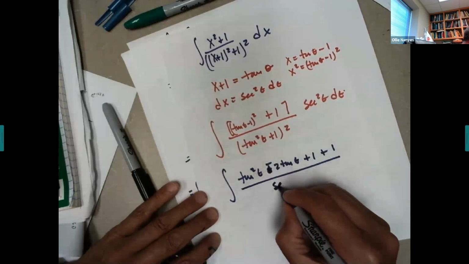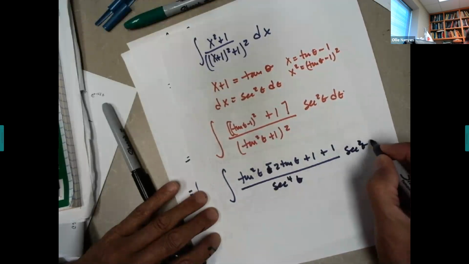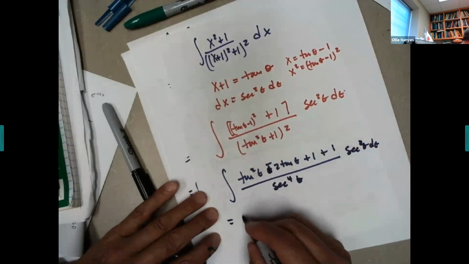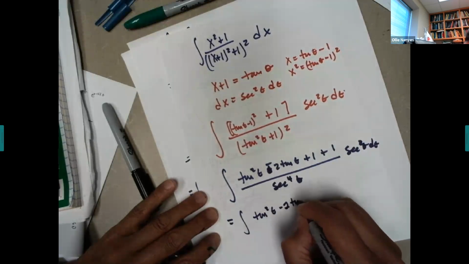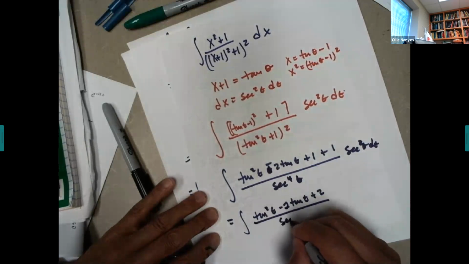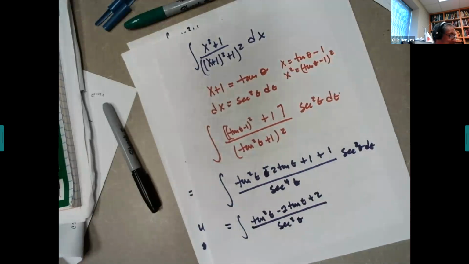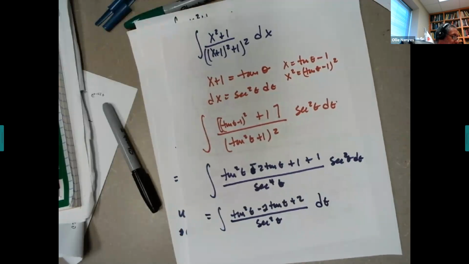The bottom, we have secant fourth theta, secant squared theta d theta. And we now have tangent squared theta minus 2 tangent theta plus 2, all divided by secant squared theta. That's actually not as bad as it looks.